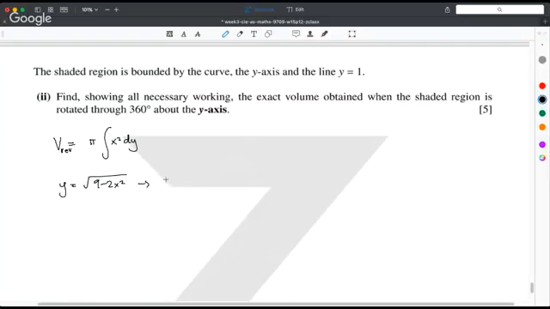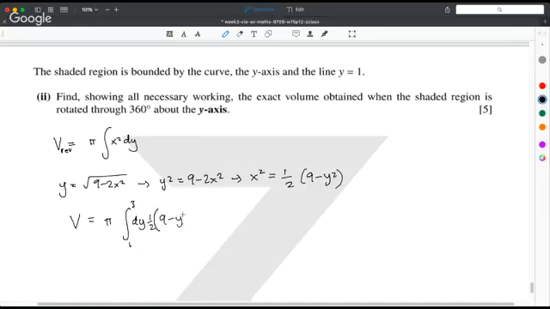So here we have that y squared is equal to 9 minus 2x squared, and you see that x squared, because we're using x squared anyway, is equal to 1/2 times 9 minus y squared. So the volume is going to be equal to pi times the integral, and the limits are 1 and 3, as we've just seen, dy of 1/2 (9 minus y squared).